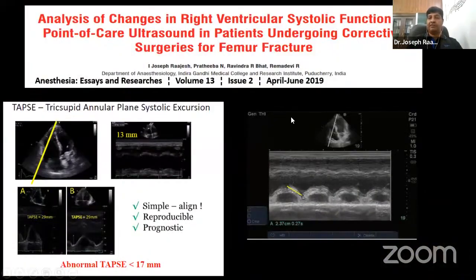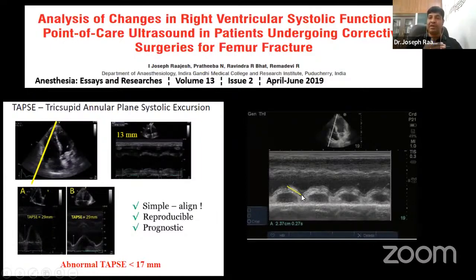To start with TAPSE, the tricuspid annular plane systolic excursion, even though the name is a little bit complicated, performing TAPSE is very simple. You get a good 4-chamber view, then employ the M mode, and the M mode line has to pass through the annulus of the tricuspid valve. Then activate the M mode, you get a pattern like this, and with the caliper you measure between the highest point and the lowest point.